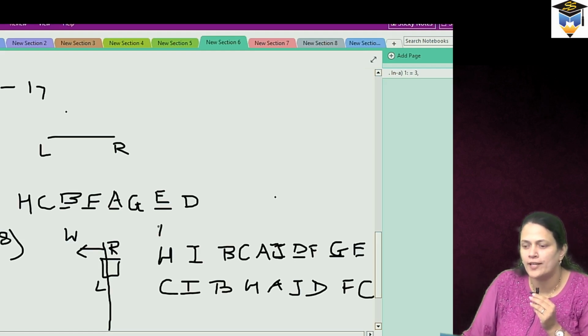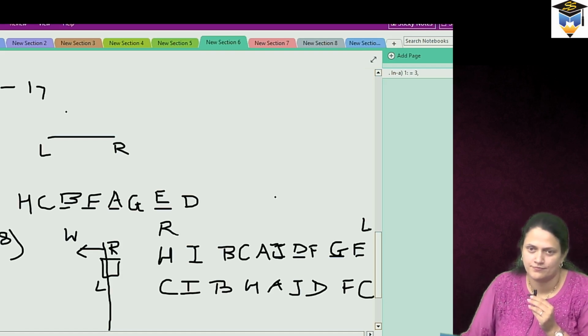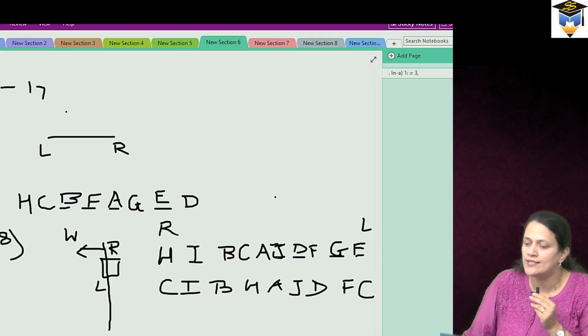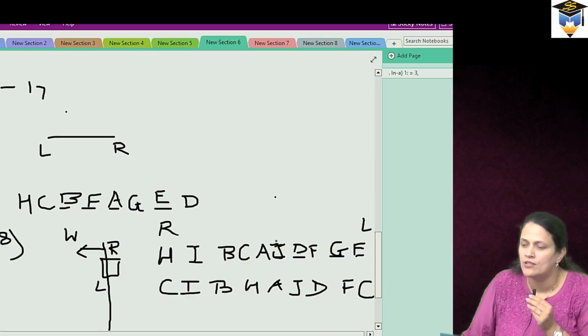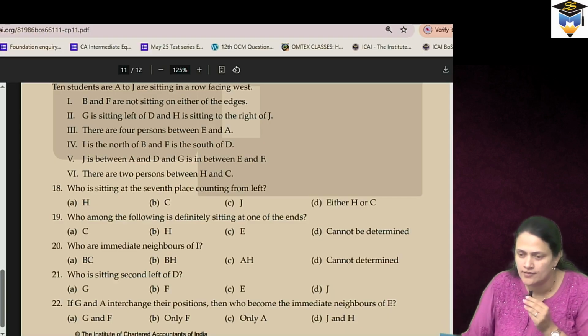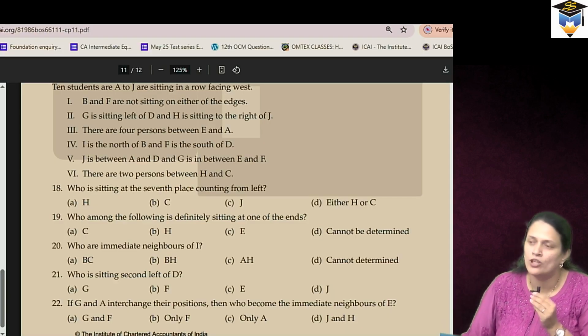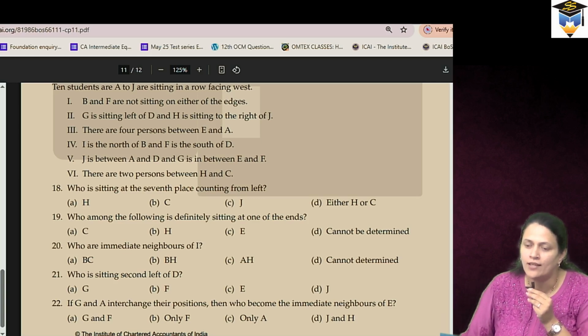So this is going to be my right, this is going to be my left. Understood? Okay. Now, from left, 7th place: 1, 2, 3, 4, 5, 6, 7. C is the correct answer, option B. For the 18th one, the answer is option B.